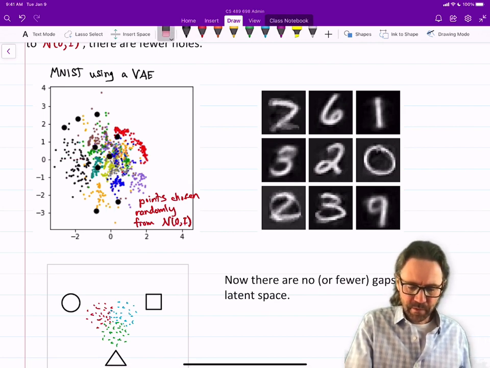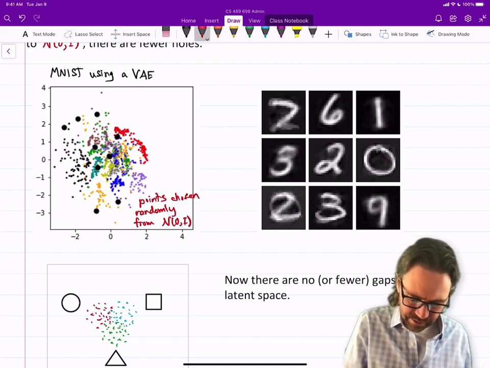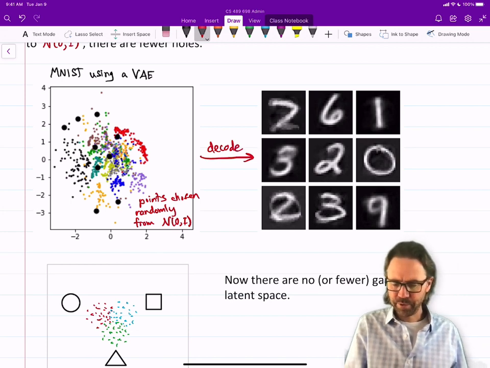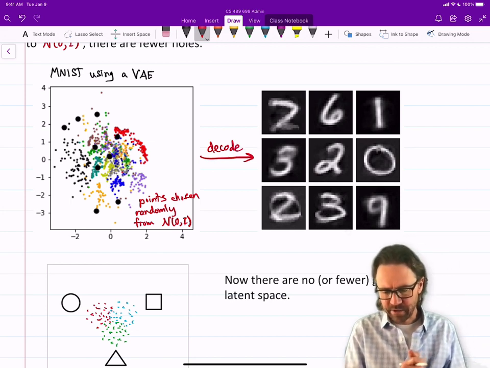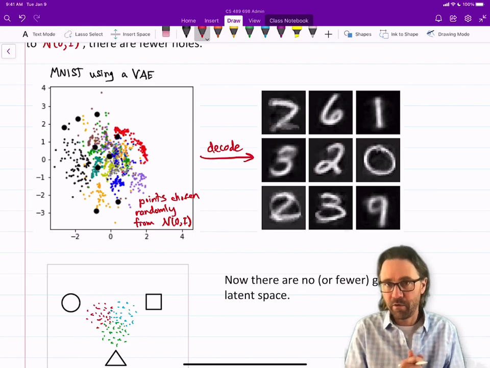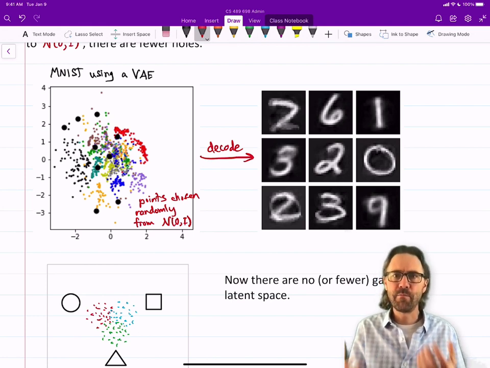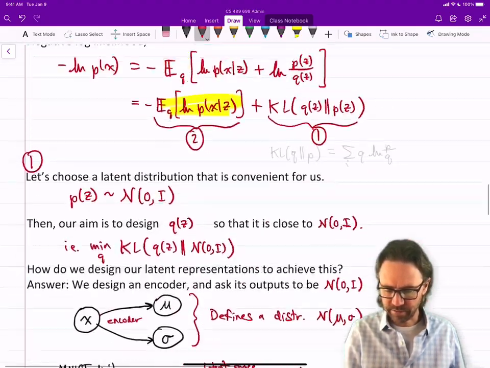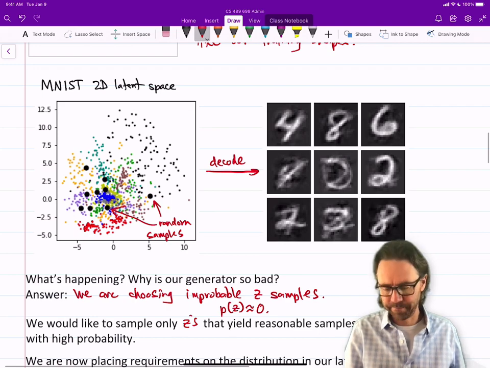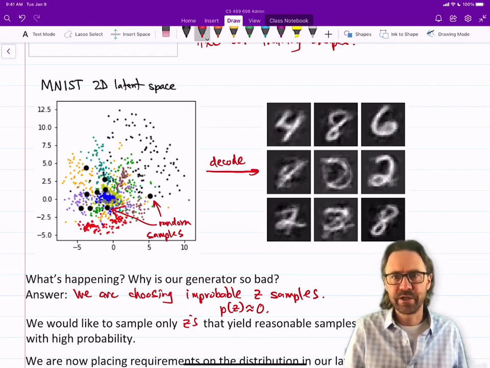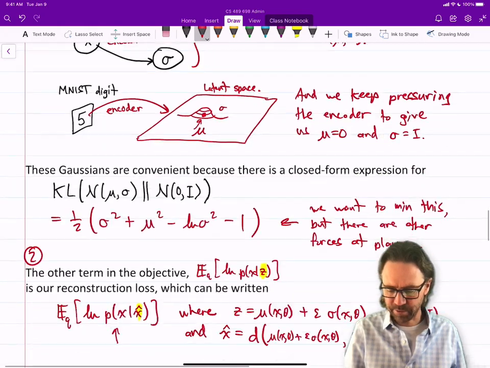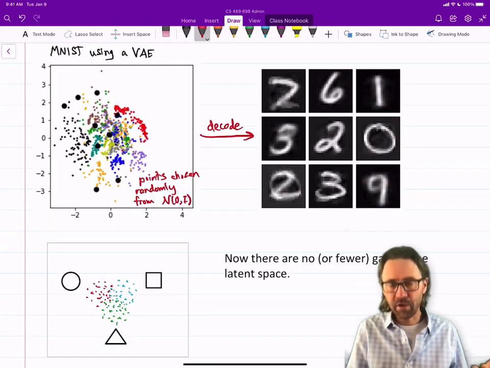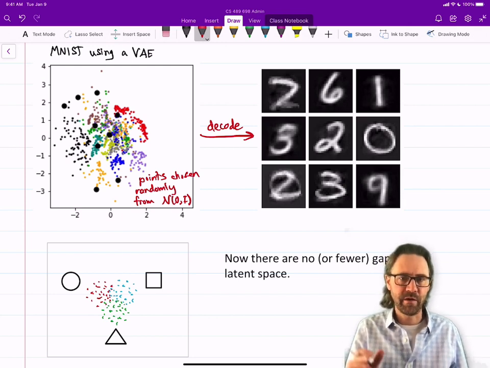So those black dots, when they're decoded, produce these digits. They're not all perfect, but I think you can hopefully convince yourself that they look more consistently like digits than the ones earlier in the lecture. These ones here, a few of them look like digits, but many of them do not, as opposed to these where most of them look like digits. In fact, I'd claim that all of them look digit-like, even though some of them are a little bit ambiguous.